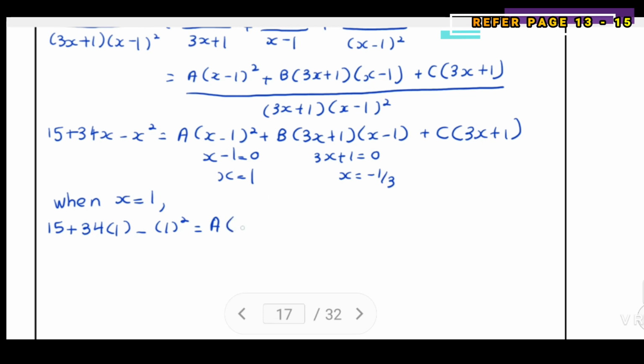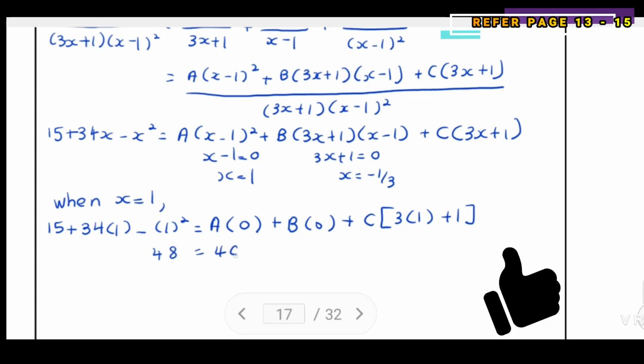We're going to have 15 + 34 times 1 - 1² equal to a times 0, plus b times 0, plus c times (3 times 1 + 1). So if we simplify, we're going to get 48 on the left hand side, and on the right hand side we're going to have 4c. So c equals 12.